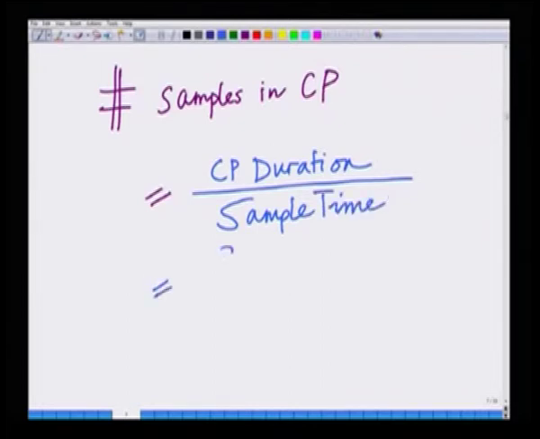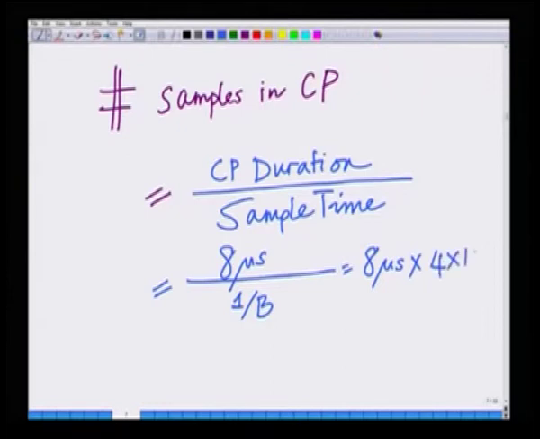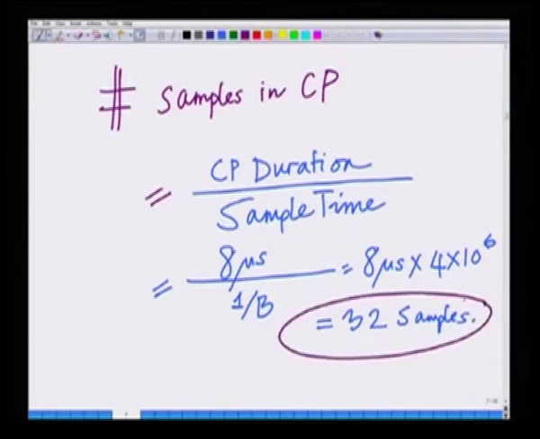The CP duration we saw is 8 microseconds, and the sample time is nothing but 1 over B, where B is 4 megahertz. Hence this is 8 microseconds into B, which is 8 microseconds into 4 into 10 to the power of 6, which is nothing but 32. Hence, the total number of samples in CP equals 32 samples.